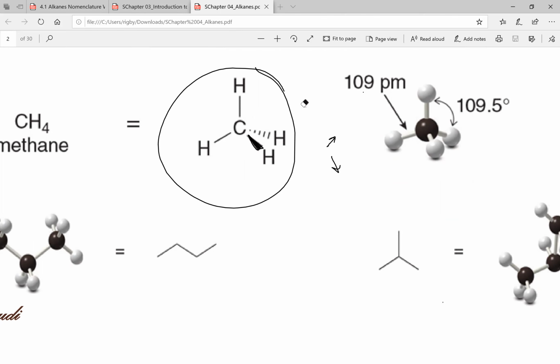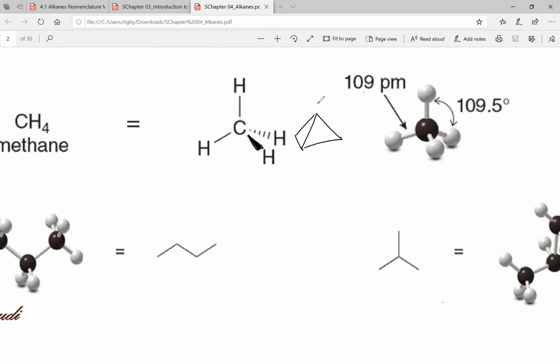So it's like if I drew a pyramid, and you can see clearly how this point of the pyramid is coming out towards us, and this point of the pyramid is going away from us. This point would be a solid wedge, and this point would be a dashed wedge. And anything on lines is just in the same plane as the paper.